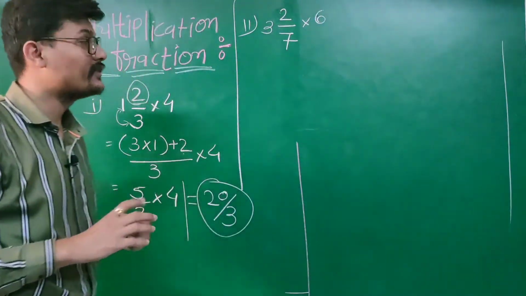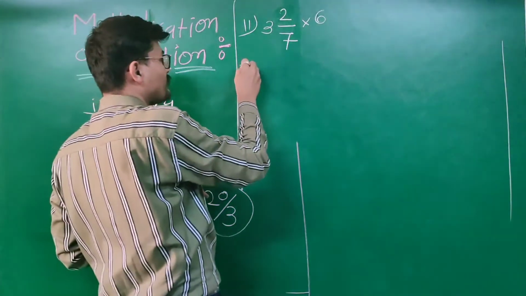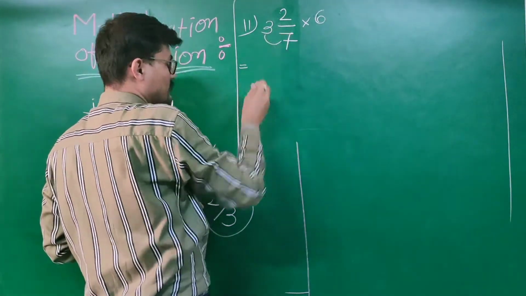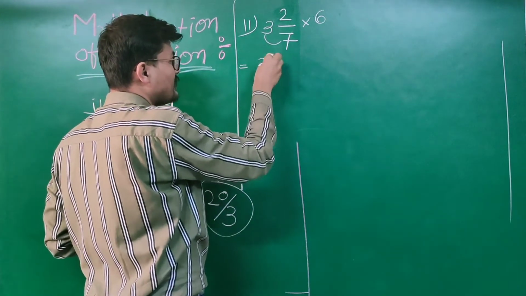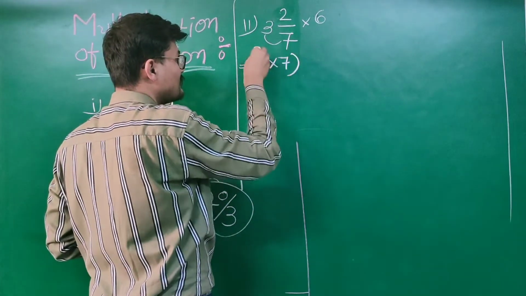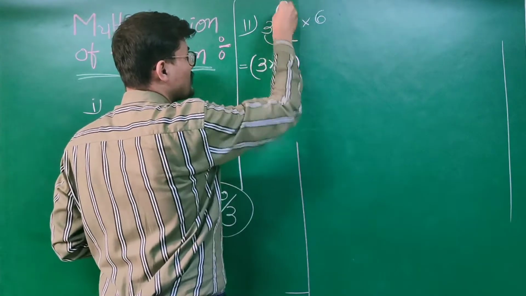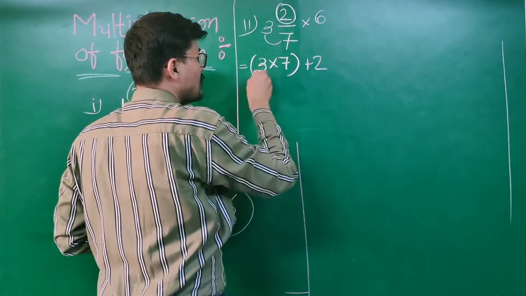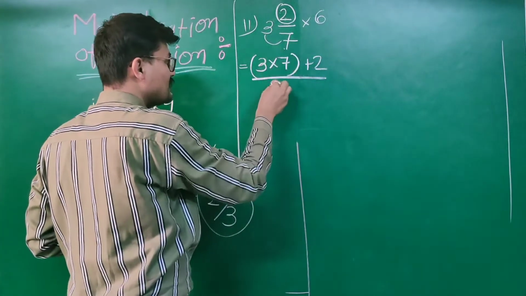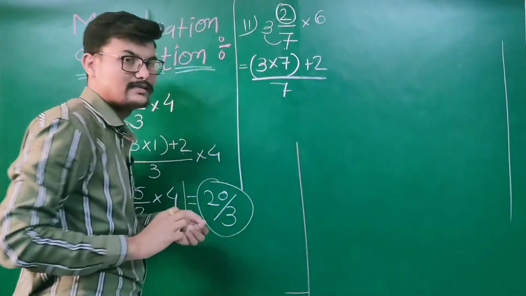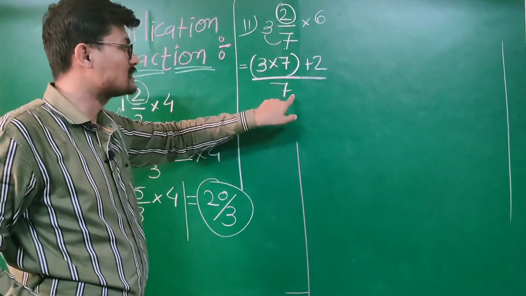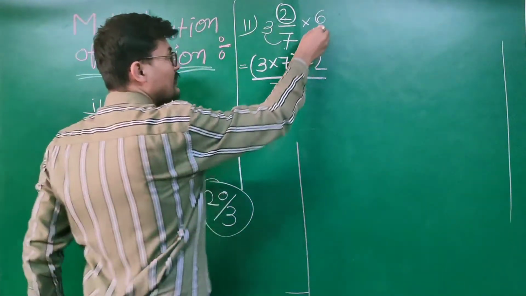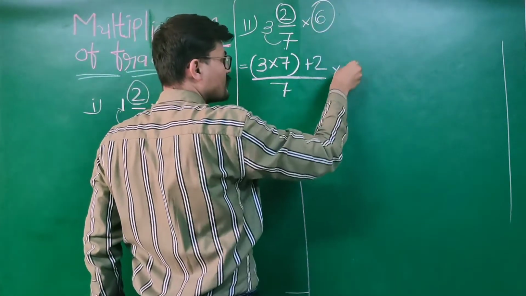So in this question, simple friends, multiply 7 by 3, 3 into 7 plus the numerator as it is, upon 7 as it is, into 6 as it is.